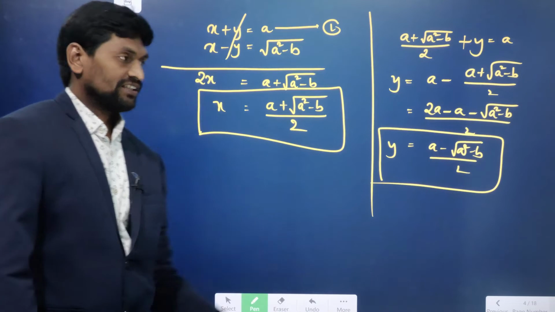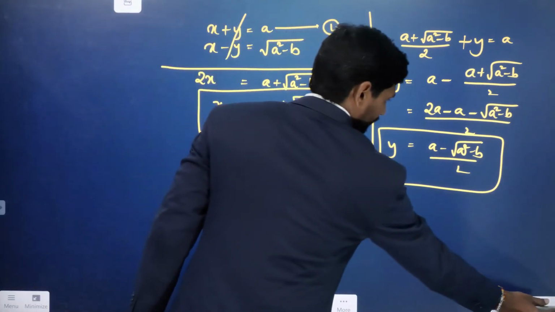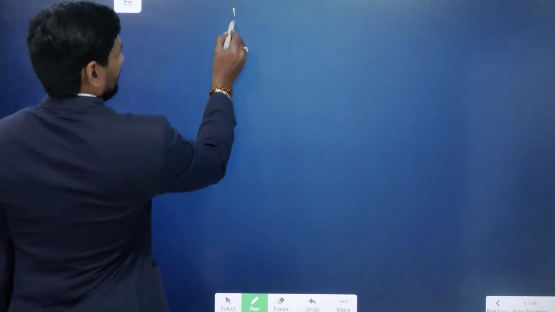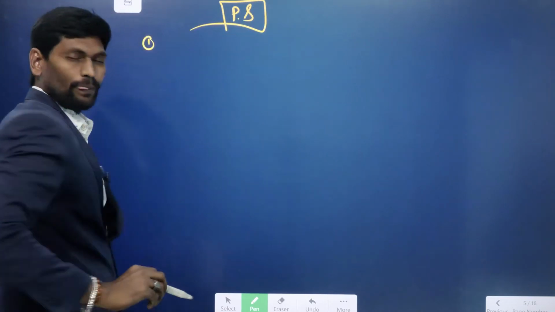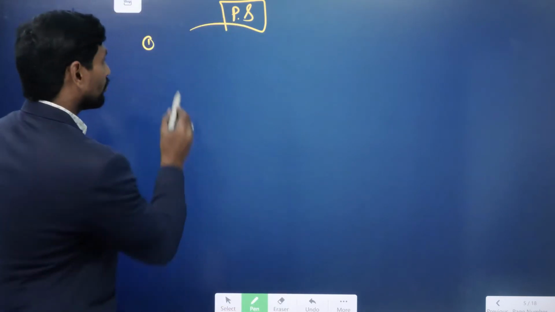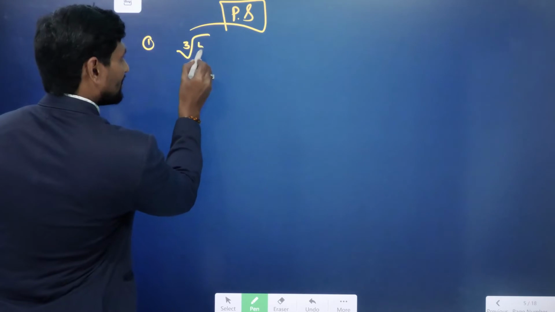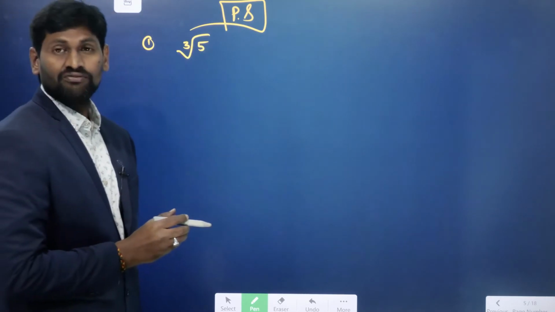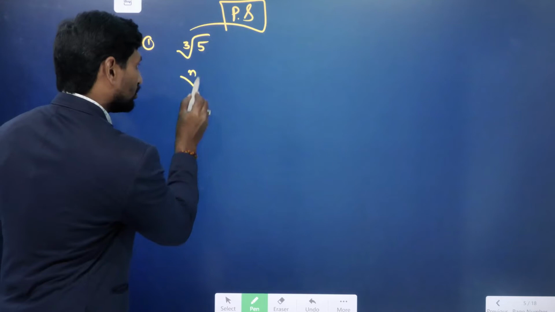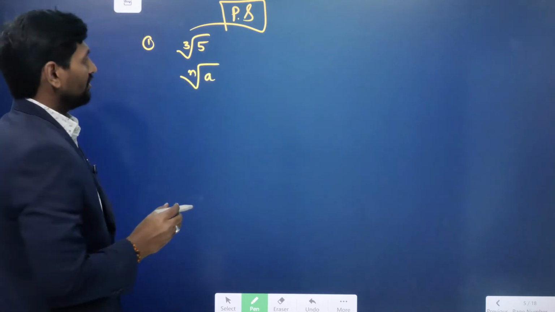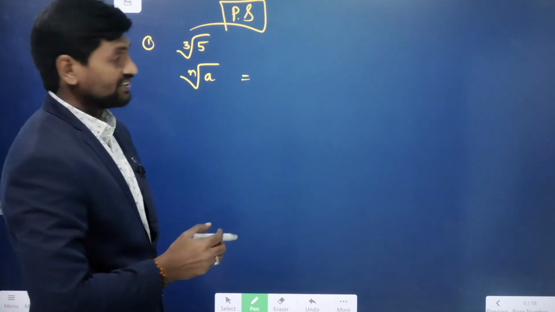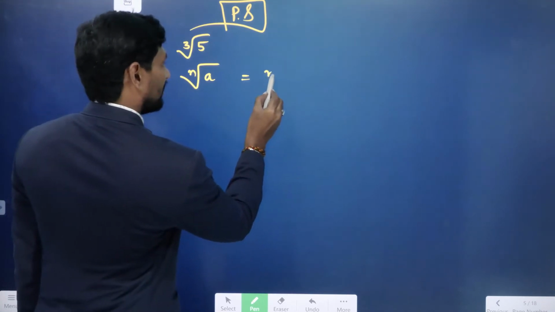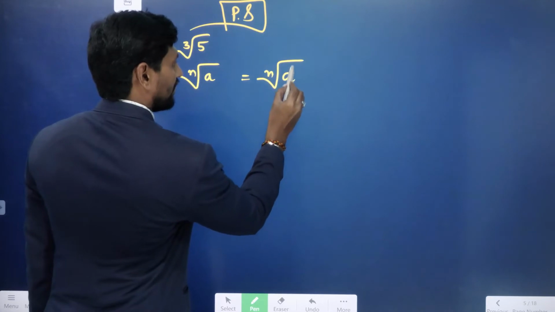Yeah, let us go to the practice sheet. First problem: the rationalizing factor of cube root 5. I told you if nth root a is a surd, its rationalizing factor will be nth root a power n minus 1.